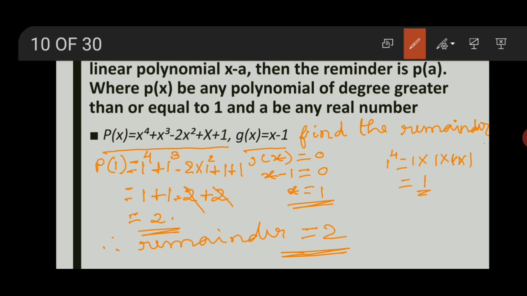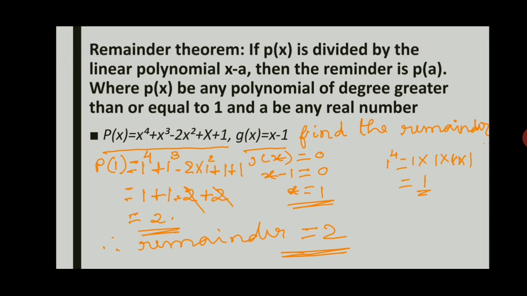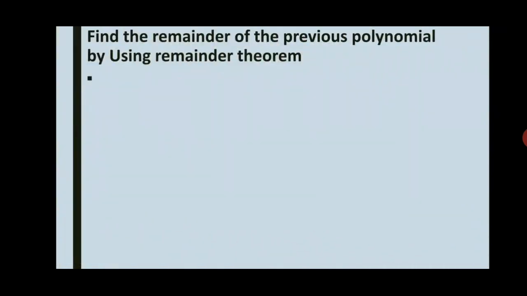Yes. We can simplify the previous problem. Find the remainder of the previous polynomial by using the remainder theorem. We already found the remainder as 0.